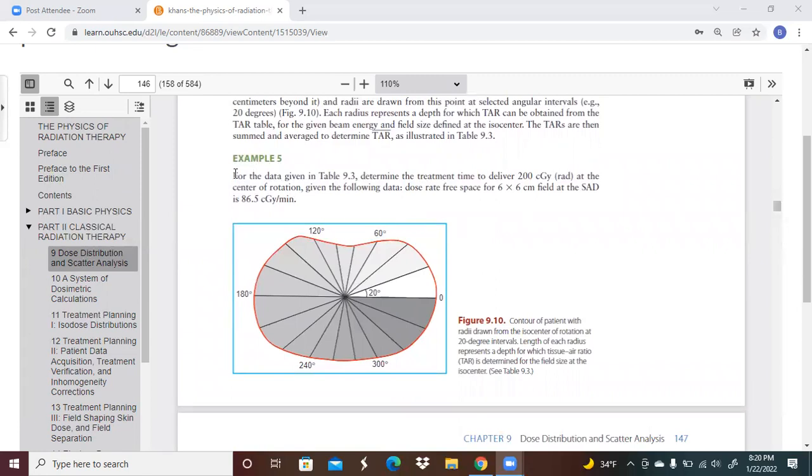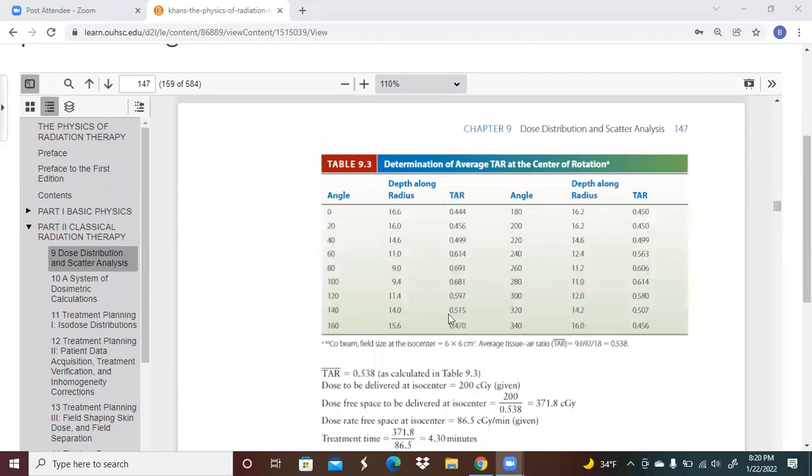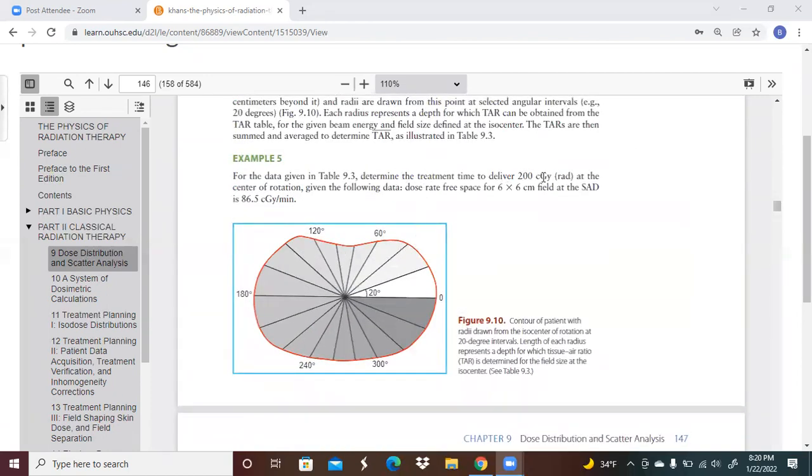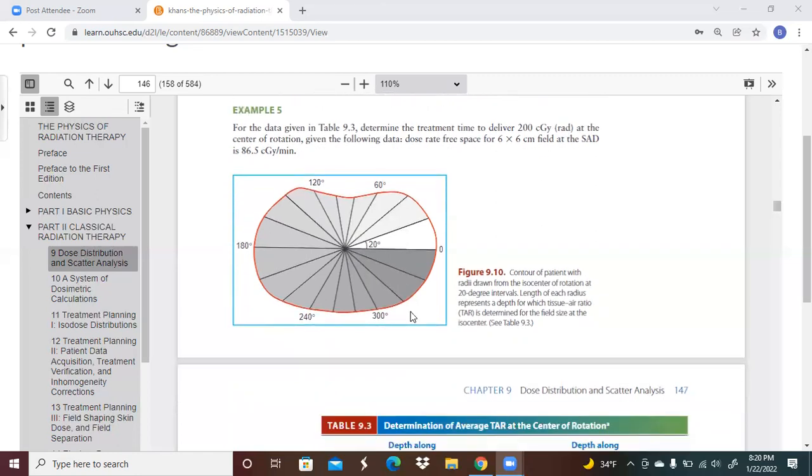So here's an example for the data given in table 9.3, which is what we've got here. We're going to determine the treatment time to deliver 200 centigray at the center of rotation given the following data. The dose rate in free space for a 6x6 cm field at the SSD is 86.5 centigray per minute.